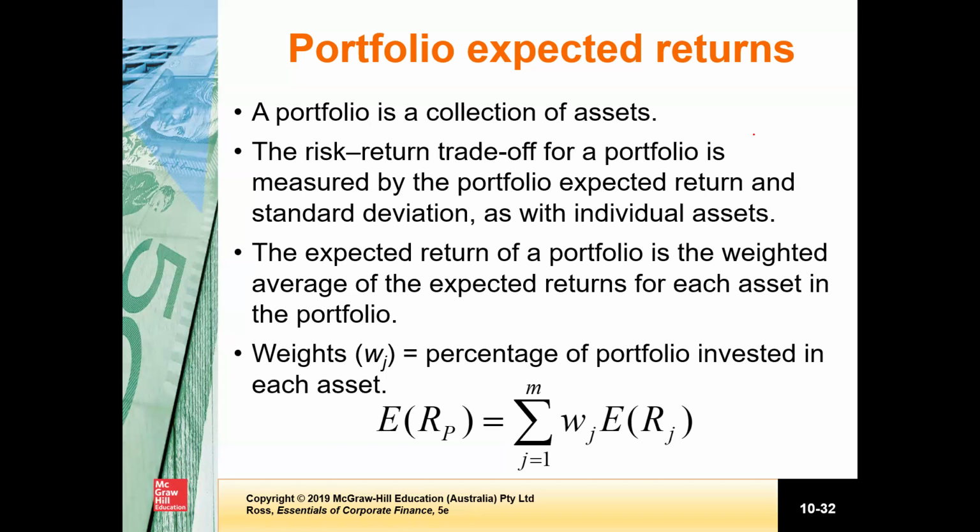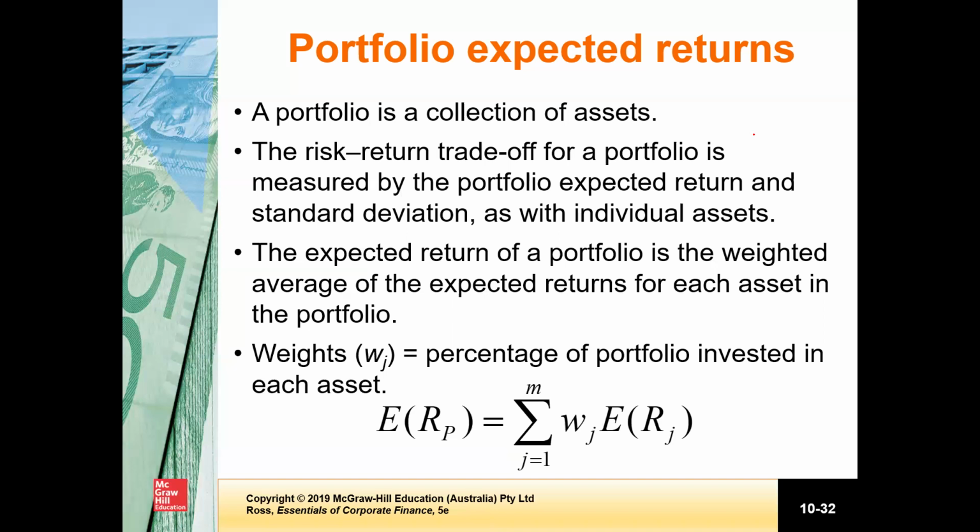There are many equivalent ways of describing a portfolio. The most convenient approach is to list the percentages of the total portfolio value that are invested in each portfolio asset. We call these percentages the portfolio weights. For example, if you have $50 in one asset and $150 in another asset, your total portfolio value is $200.